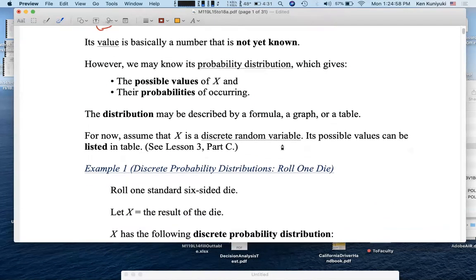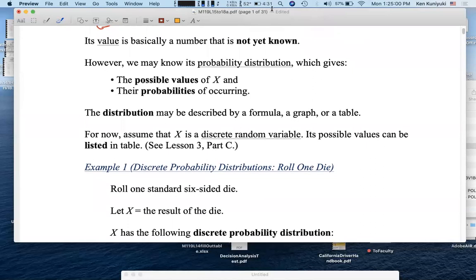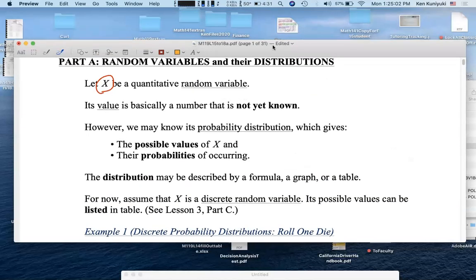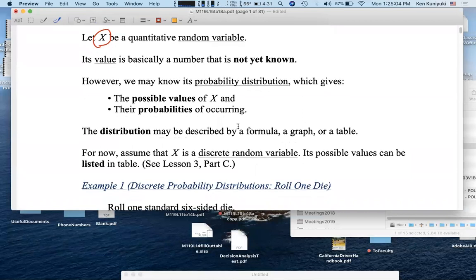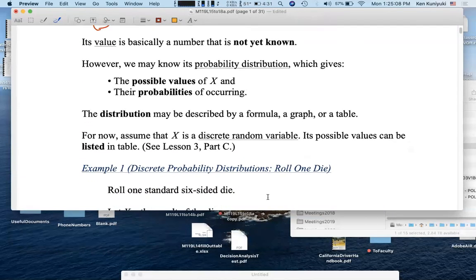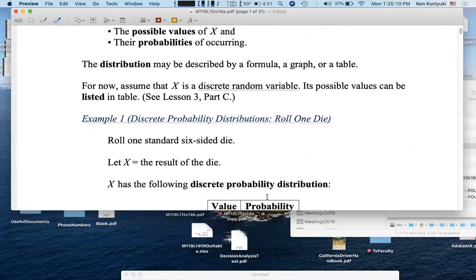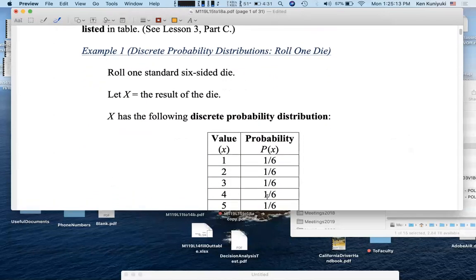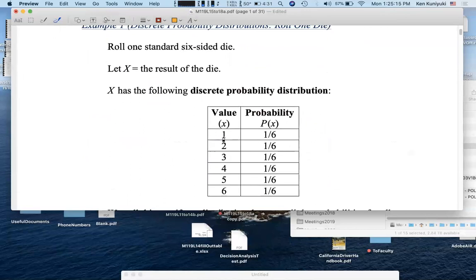So for example, if you're rolling a standard six-sided die, what are the possible values of X and what are the corresponding probabilities? Assuming that the die is perfect. Well, X has the following discrete probability distribution. The possible values are nicely listed. They're listable, they're countable.